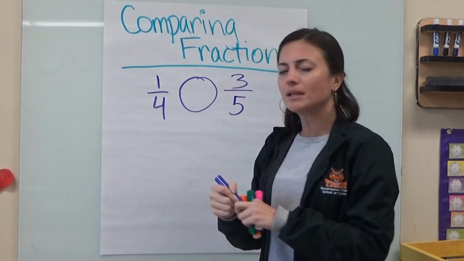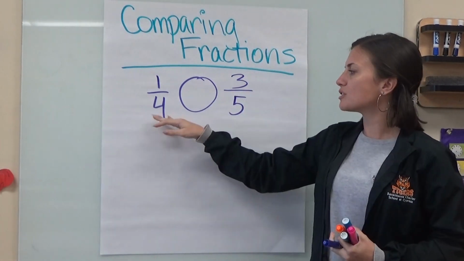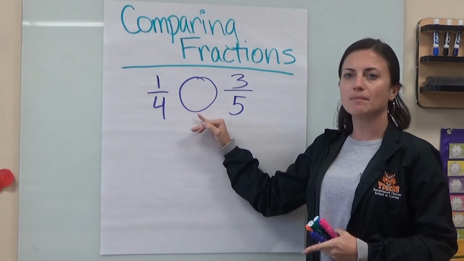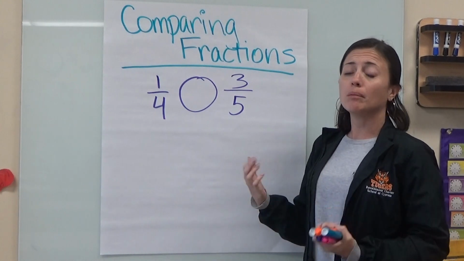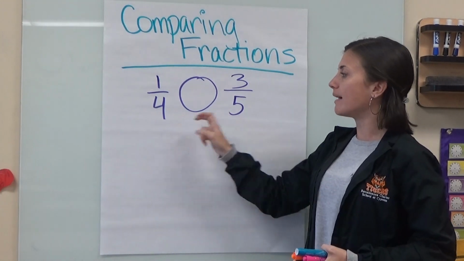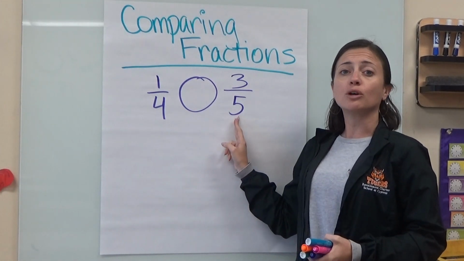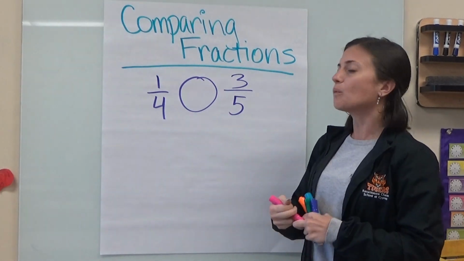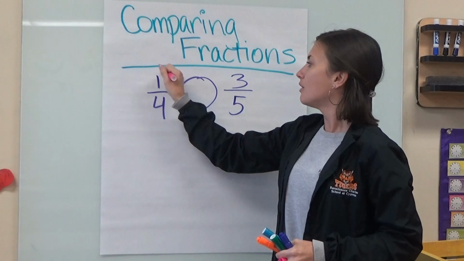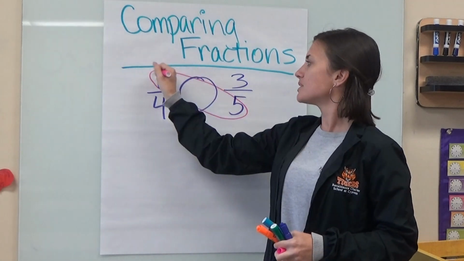3/5. Well, normally we would compare using our denominators, make sure they're the same, and then compare our numerators, but our denominators don't match. So to be able to compare numbers like this that have different denominators, we cross multiply. That's where the butterfly method comes in. So we're going to cross multiply 1 times 5.